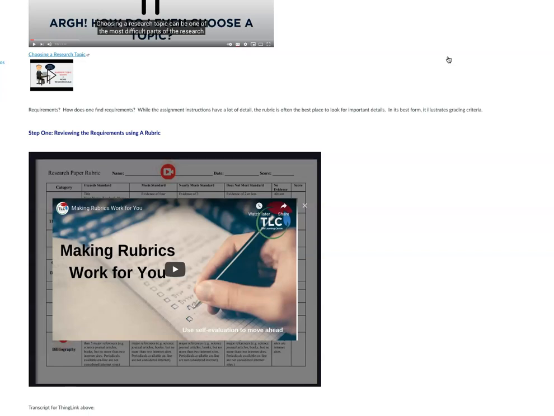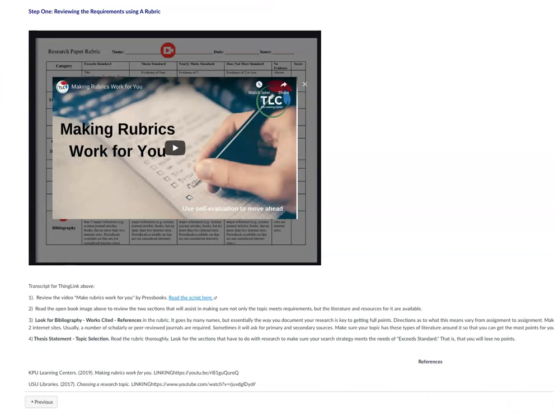So when you're constructing your research and understanding what you're putting into your assignment, I need you to know what the rubric demands of you. It's really important, and that's why I keep talking about it.